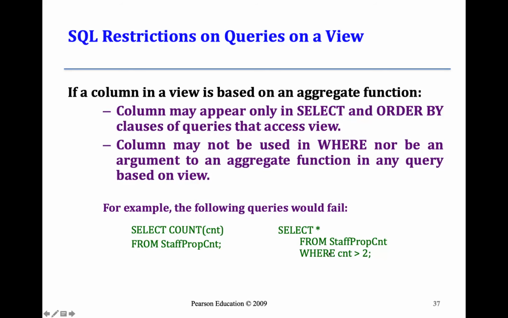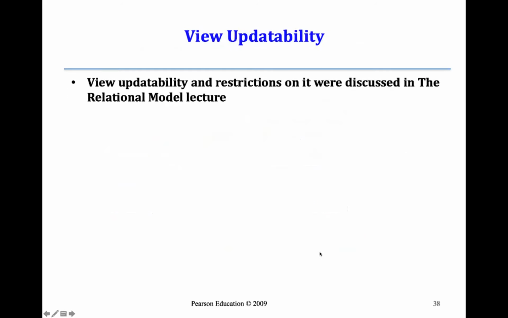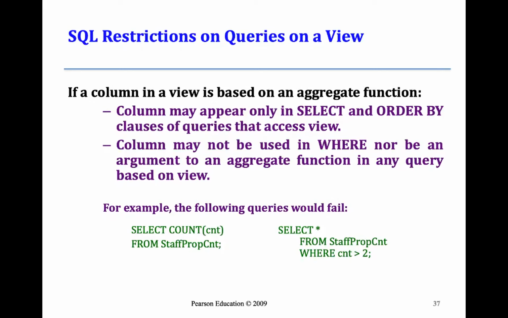Now, I didn't look this up beforehand, it just occurred to me that if I change this where to a having, it might work. In fact, I think it would work. If I instead said select star from staff property count having count greater than 2, it would work, because having is allowed to be used with aggregated operations.